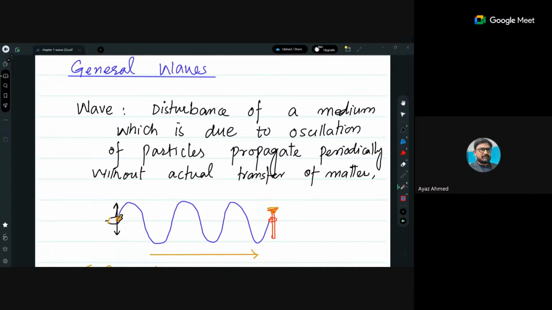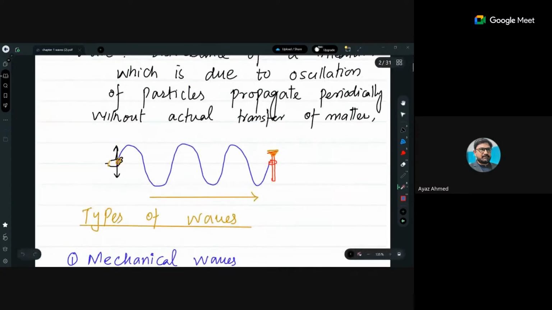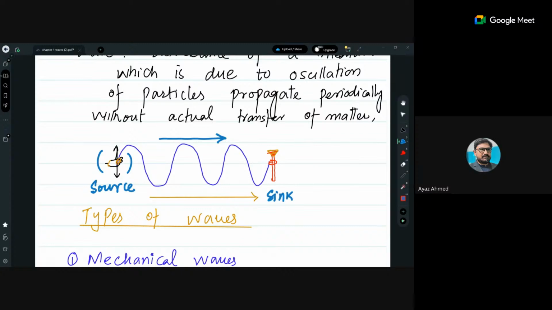All the energy is being propagated from the source, and this is your sink, though that is not a term used in waves. The energy is propagated from the source and spreads out. Here I have shown that it is spreading in one direction. So this is the direction of energy propagation. Got it?